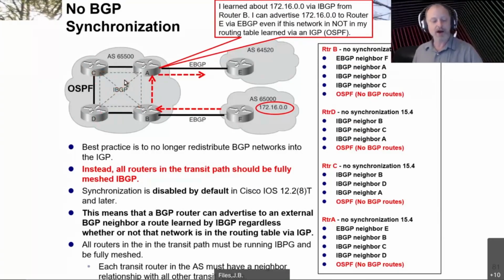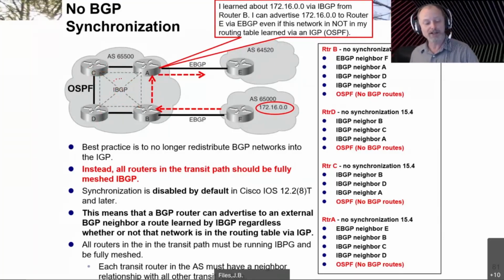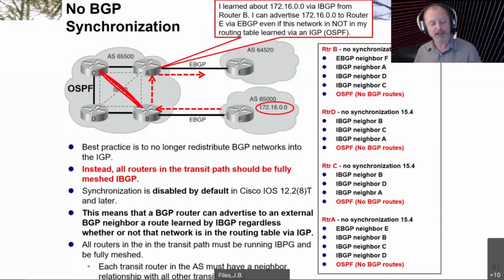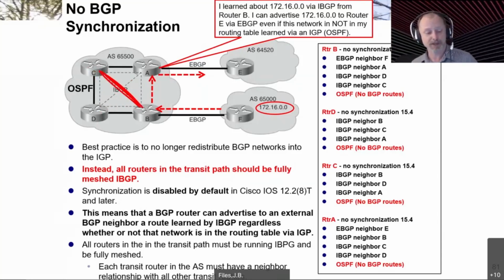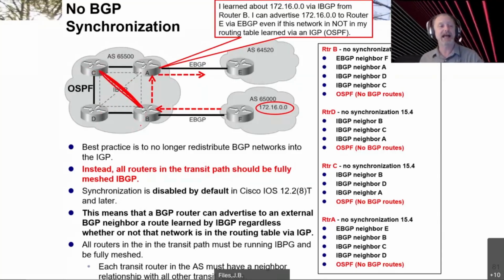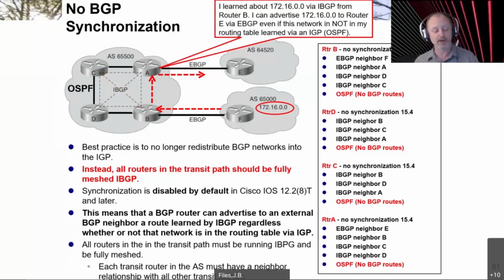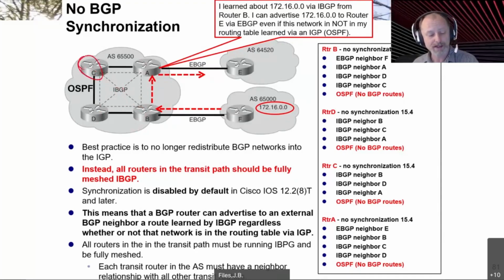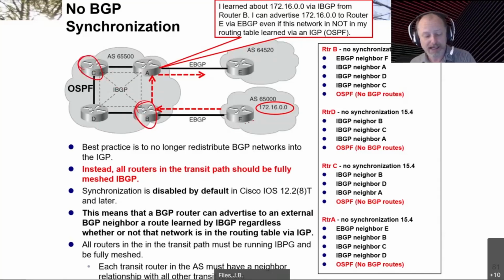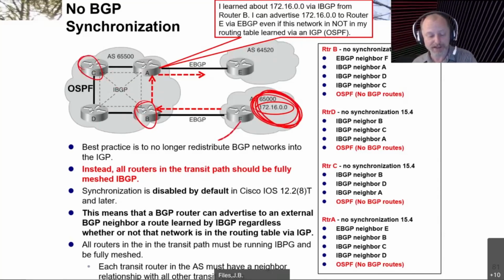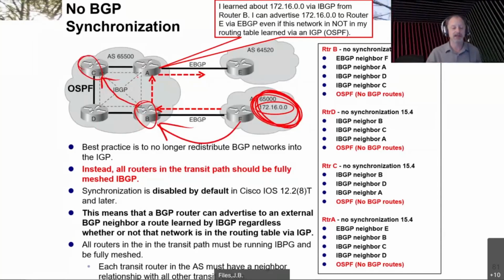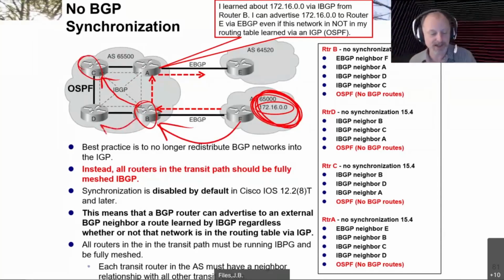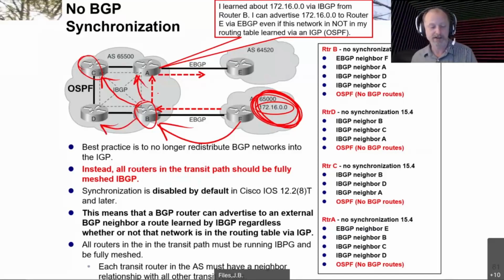So each one of them has a neighbor statement to all of the others. Even though they aren't physically wired together, like there's no direct connection between B and C, there is a neighbor statement, which means it has an iBGP peering relationship with C. So when it learns about a prefix via eBGP, it's going to send that via iBGP to C, and then of course to the others.